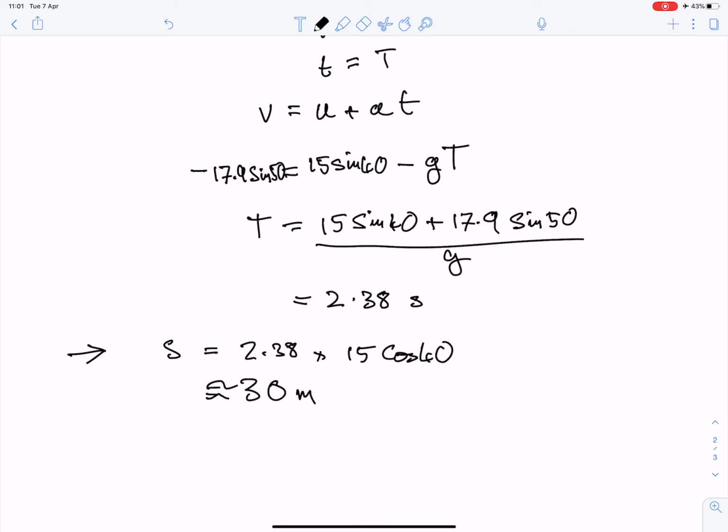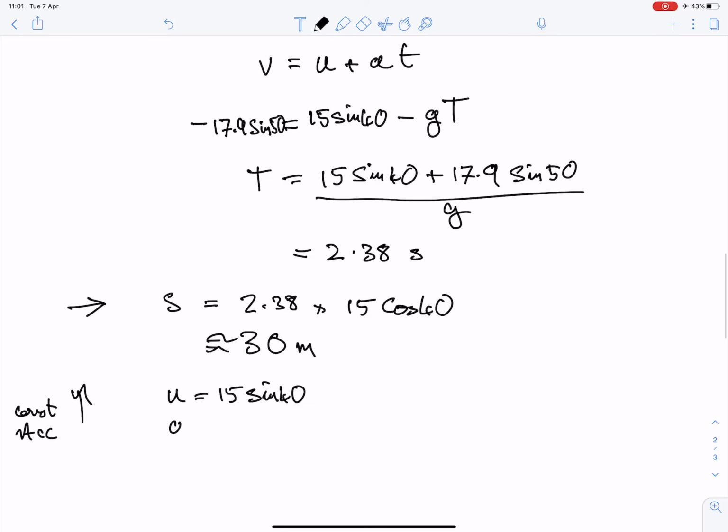Okay, now consider the vertical motion and its constant acceleration again. And we get u equals 15 sine of 40. a is equal to negative g. t is our time, and we're looking for the vertical position. We probably should have used sx for the horizontal one.